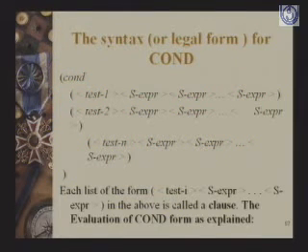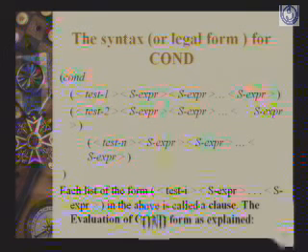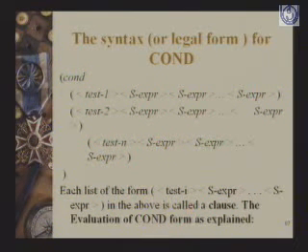And then a number of clauses are there in which the first S expression is a test. And once that test is done, and if it is true, then the rest of the expressions, S expressions, are evaluated. For example, there are test 1, test 2, test 3, test n. And suppose that test 1 is false, then rest of the expressions in that particular clause are not evaluated or executed.